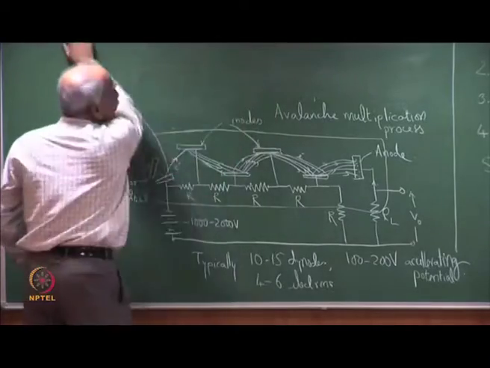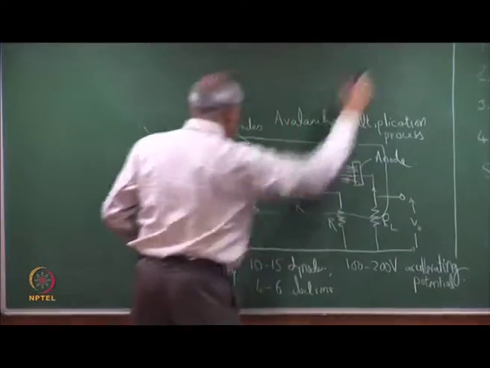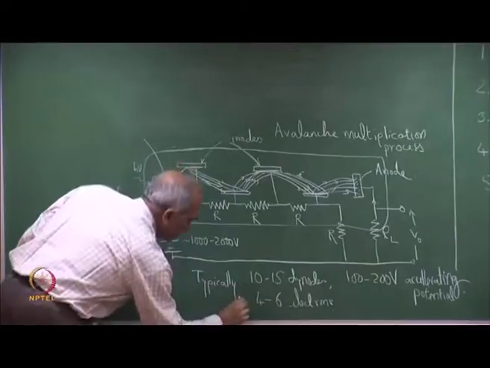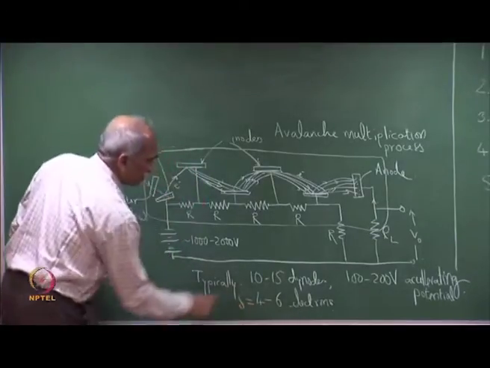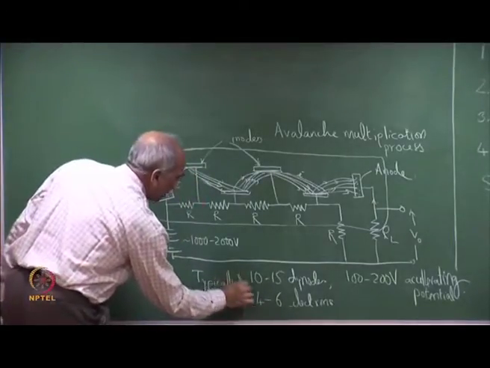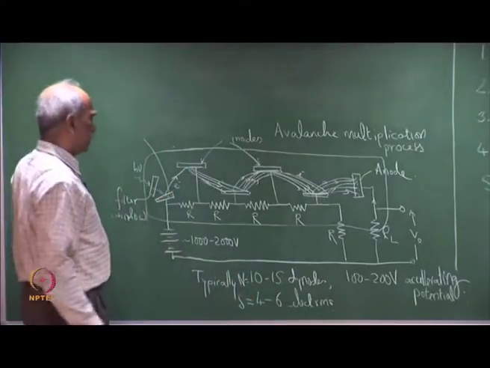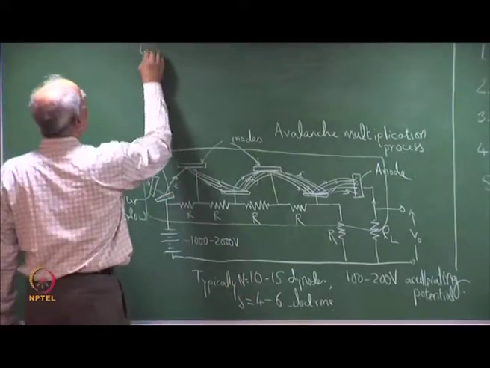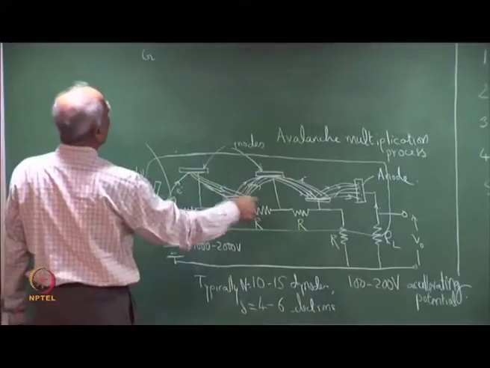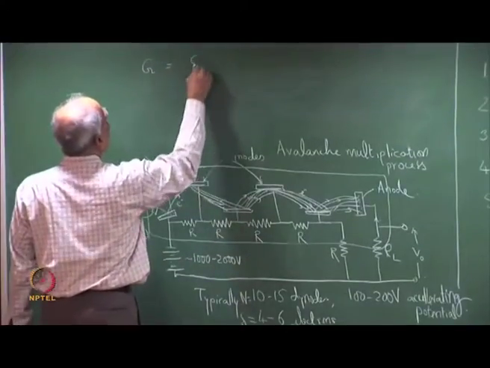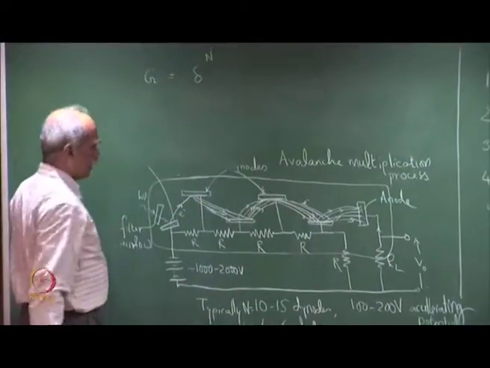So we have typically 4 to 6, let us call this delta, and n equal to the number of diodes. Then the carrier gain will be equal to delta to the power n.